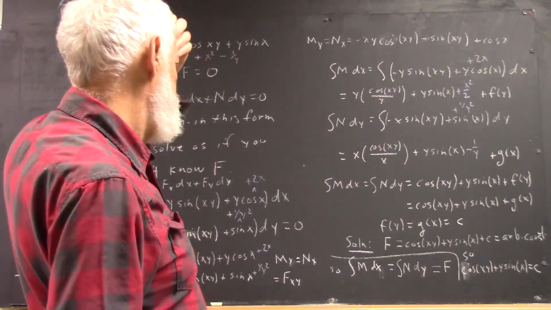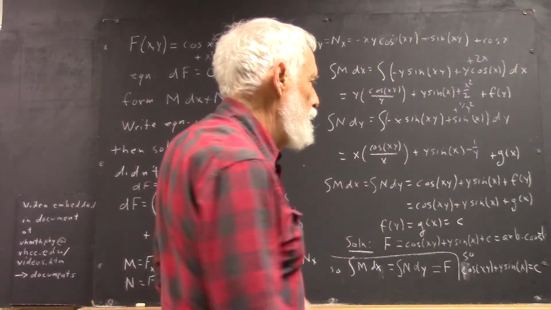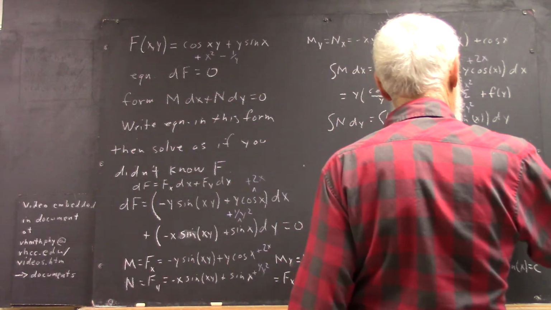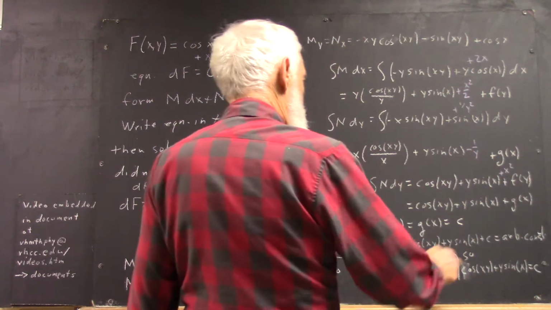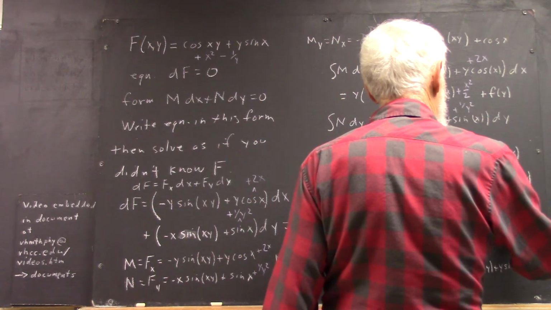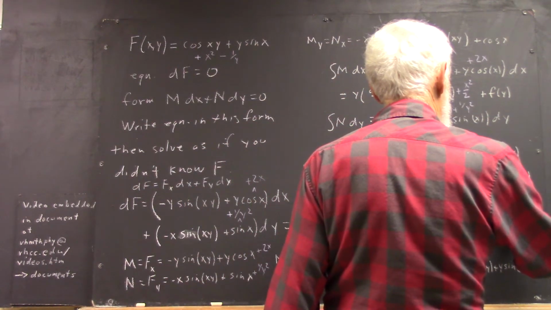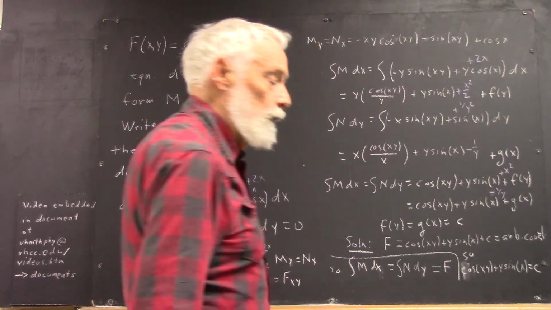Okay, so when we set these equal, our integral of M dx is going to have plus x squared, and our integral of N dy is going to have plus 1 over y, and it's minus 1 over y. Okay?